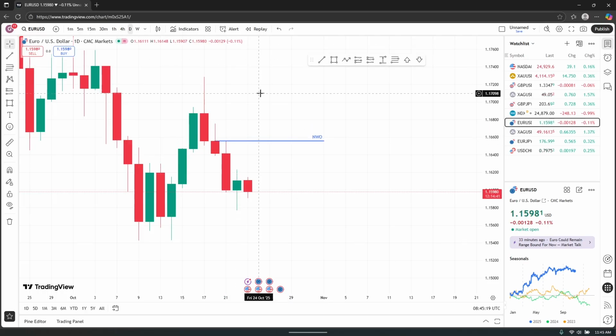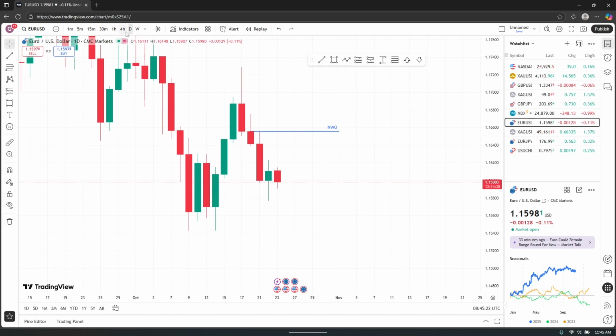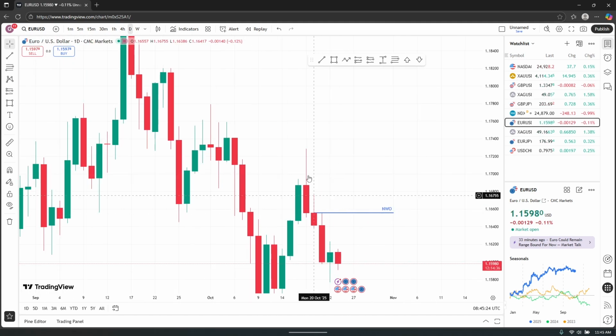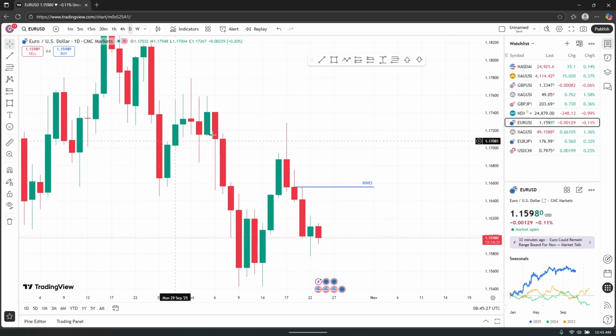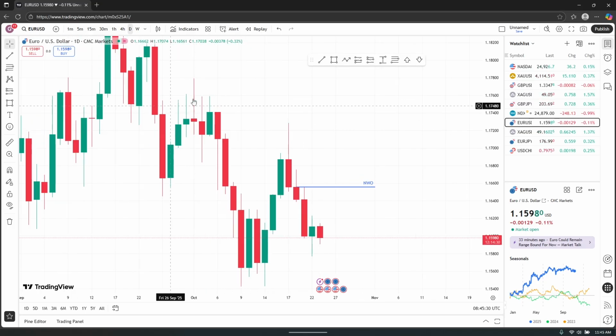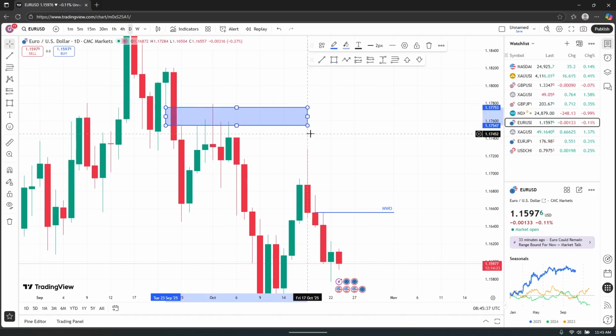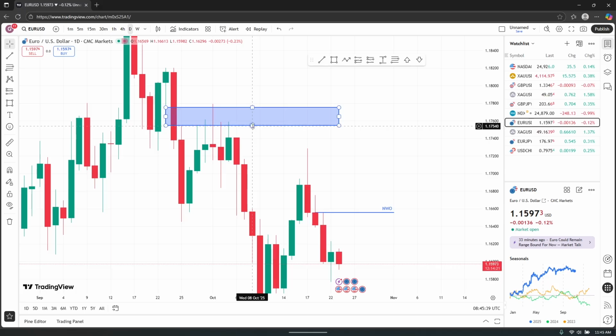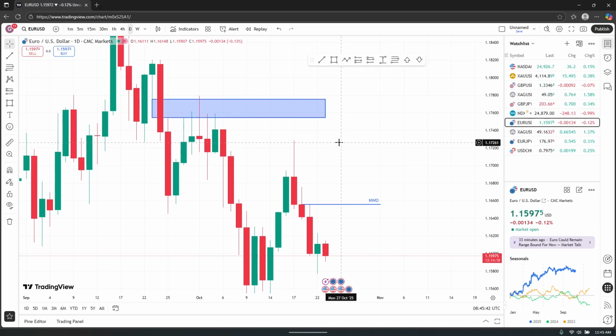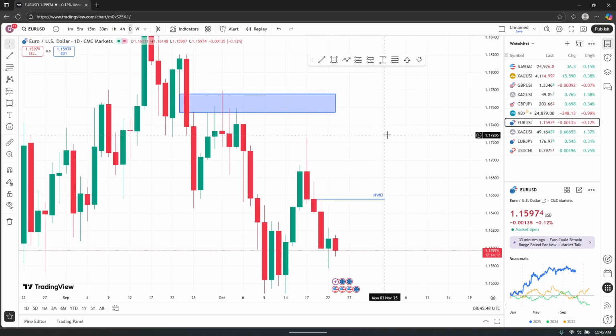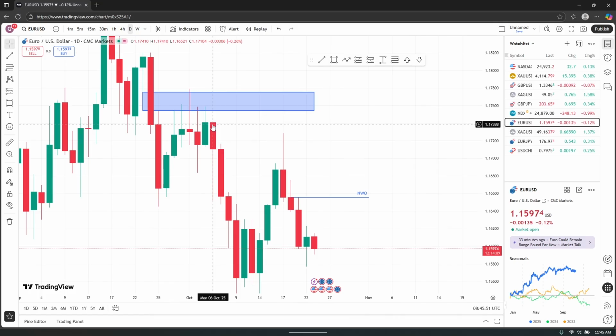So with that in mind, we want to look at what price did in the previous week, last week, and even the other week. You can see we have a fair value gap here, and with this fair value gap, we had price coming to it, rejecting below it and dropping, and as a result we had this engulfing pattern forming, showing the intention to respect this fair value gap.